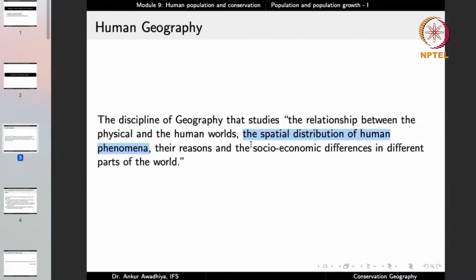And how are all of these related to the socioeconomic differences in different parts of the world? So these are all different things that human geography looks at: relationship, spatial distribution, the reasons for the spatial distribution and the relationships, and the socioeconomic differences in different parts of the world.